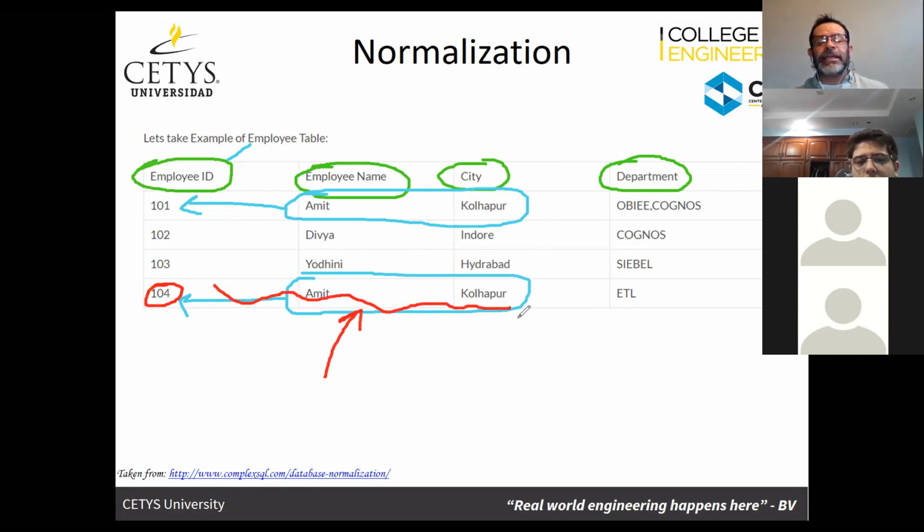And the other thing is that it seems like this is a different person, right? Because Amit Kolhapur 101 belongs to department OB, IEE, and Cognos, but Amit Kolhapur 104 belongs to ETL. So this is a problem.